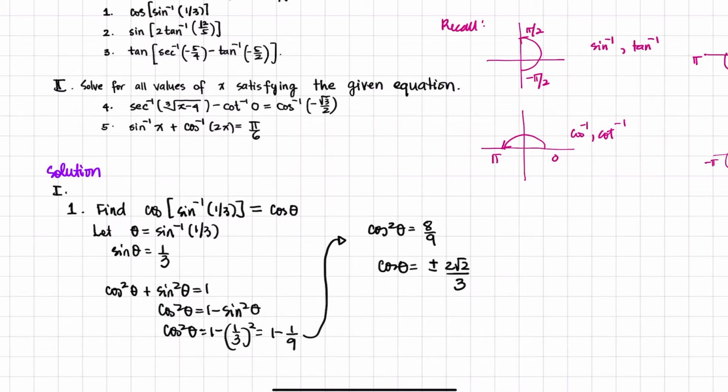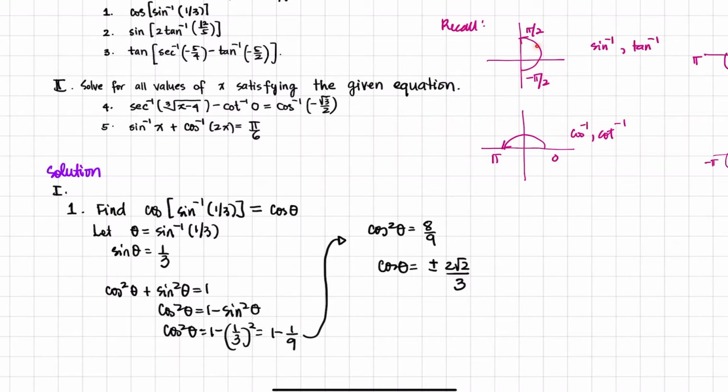Now, you have to decide kung positive or negative si cosine. Ang deciding factor dyan is, etong nilet mo, si theta, kung nasang quadrant siya. According to your theta, theta is sine inverse. But sine inverse is in quadrant 1 or in quadrant 4.